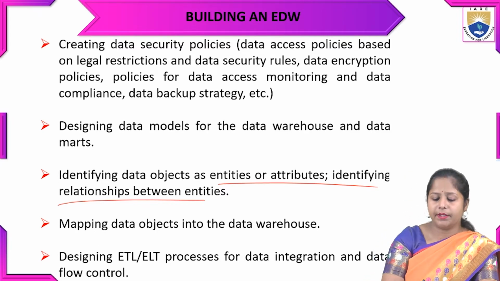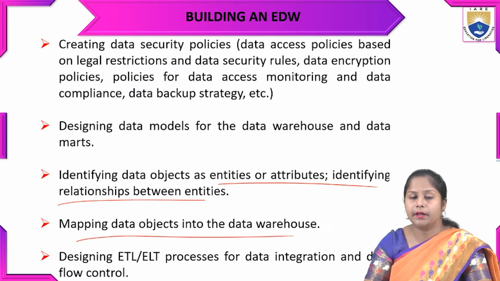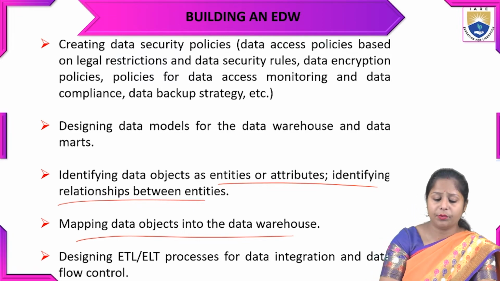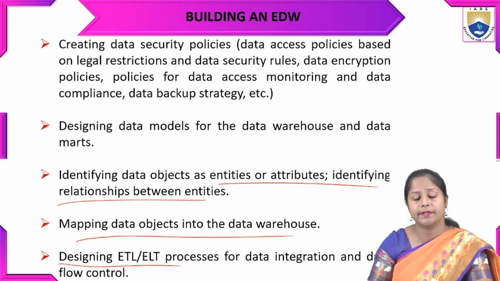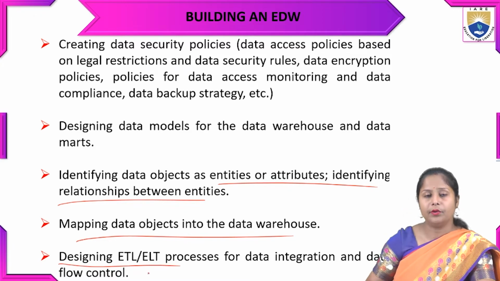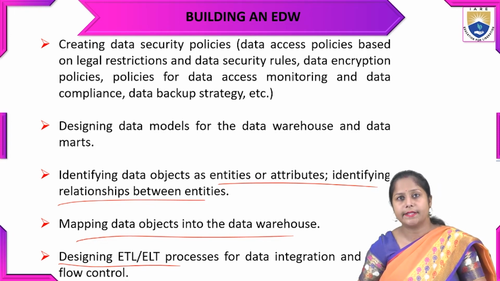Next, we have to map the data objects into the data warehouse, and the mapping hierarchy will be followed here. Next, we have to design the ETL and ELT processes for data integration as well as the data flow control. So these are a few things that will be taken care of in this step.